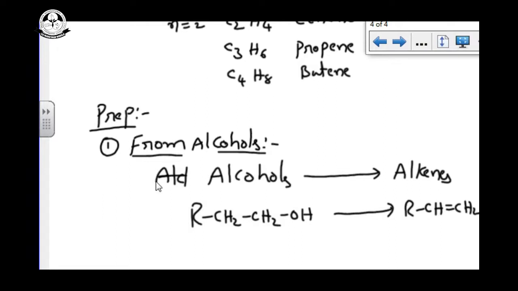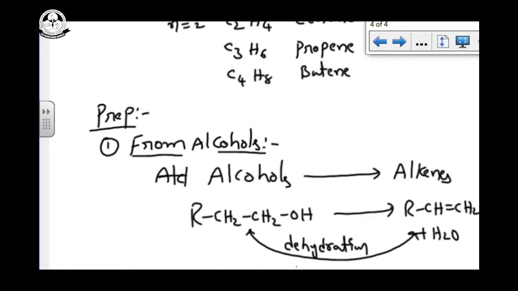So what is the difference between these two? We are removing water. Removal of water is called dehydration. In chemistry, removal of water is called an elimination reaction.